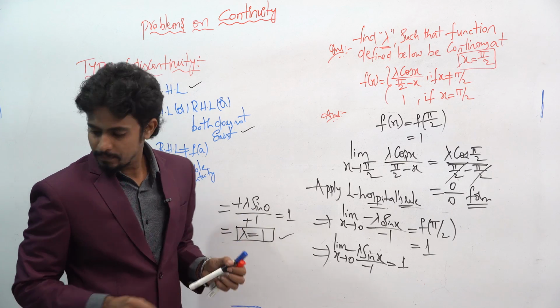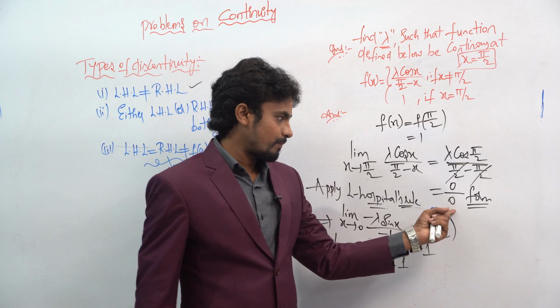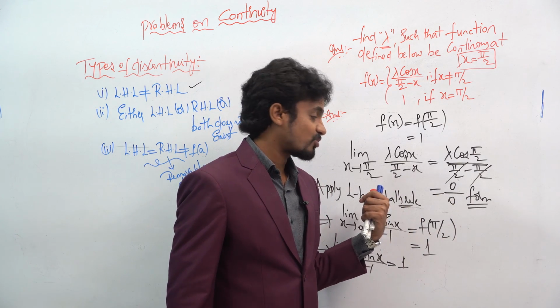Okay, this was the answer. In this question you get the 0 by 0 form, so there you have to apply L'Hospital's rule.